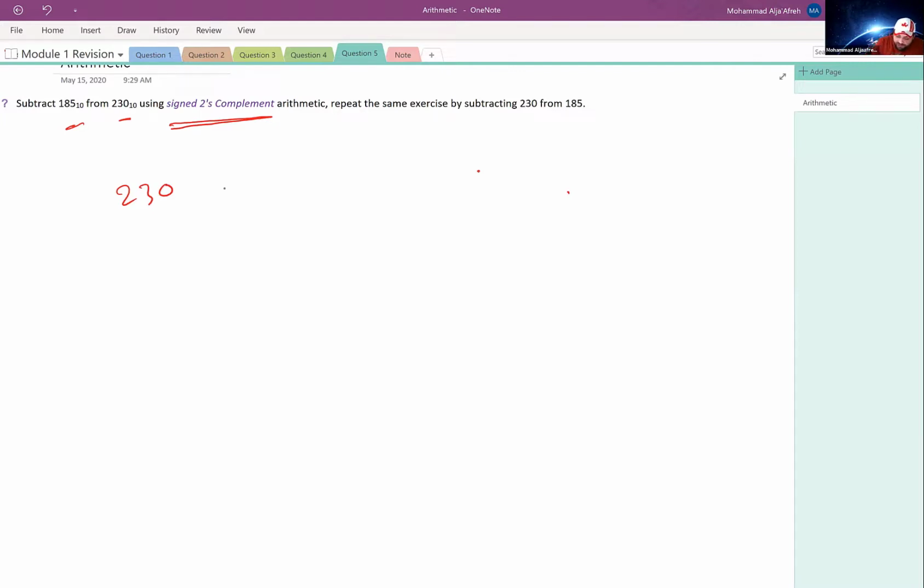Okay, so 230 in magnitude, what will it be? It is 1 0 1 1 1 0 0 1. Like if you add them, this is 1, this is 2, this is 8, and this is 16, 32, and 64. If I'm not mistaken, yes.